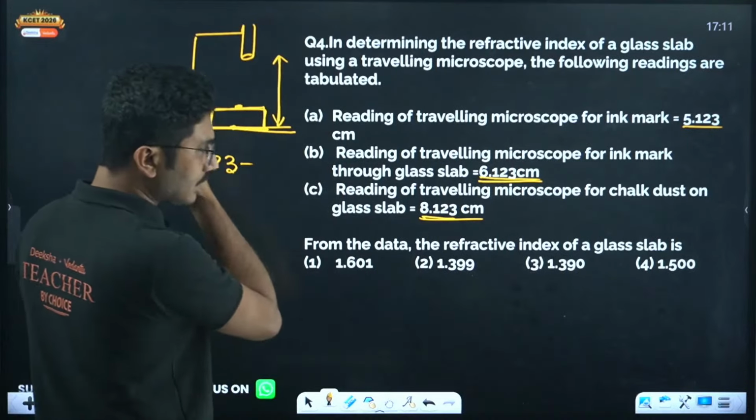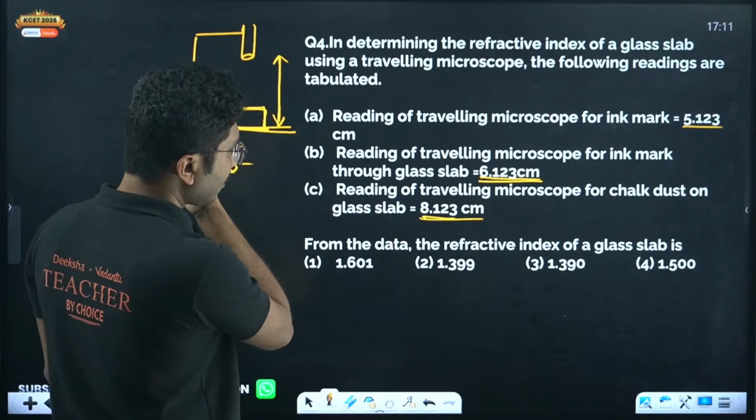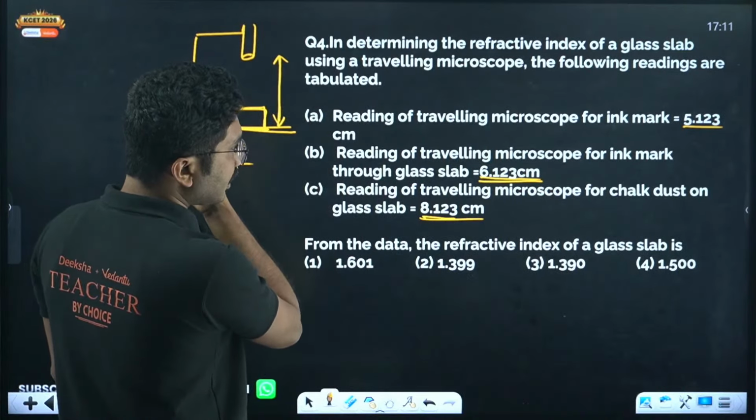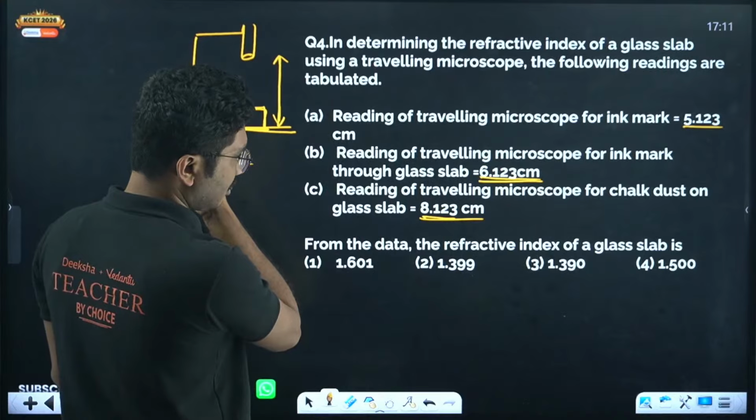So thickness of the slab is 3 and the apparent increase is 1.